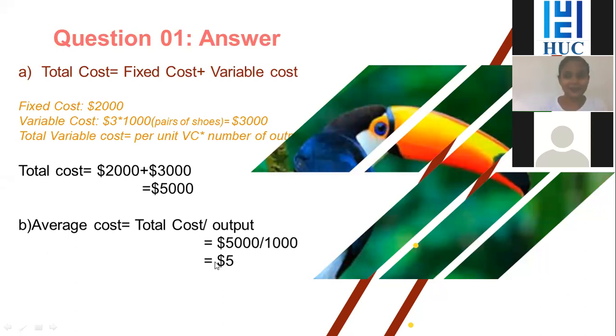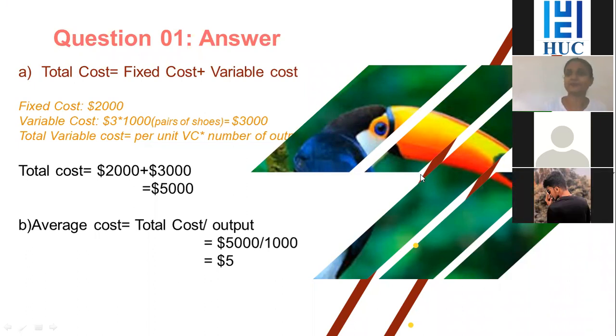If I ask why, ඇයි එහෙම වෙන්නේ? Can you tell me the answer, children? ඇයි average cost එක වැඩි වෙන්නේ per unit variable cost එකට වඩා? What is the reason? Anyone?